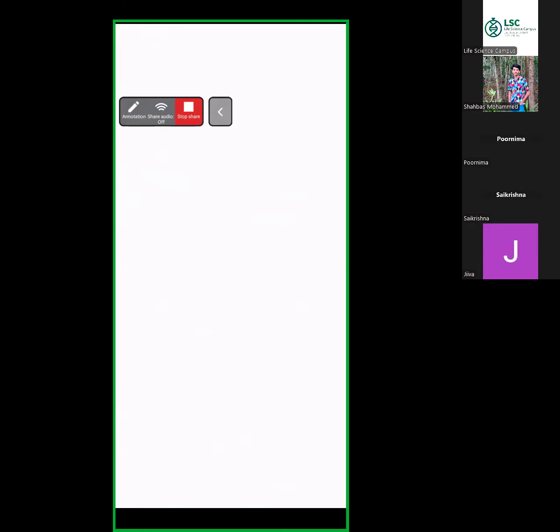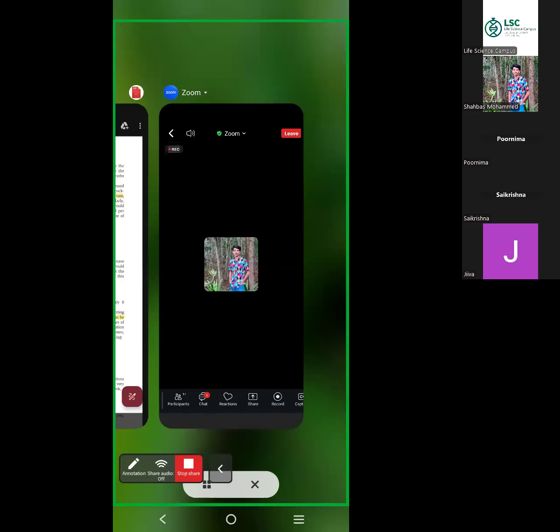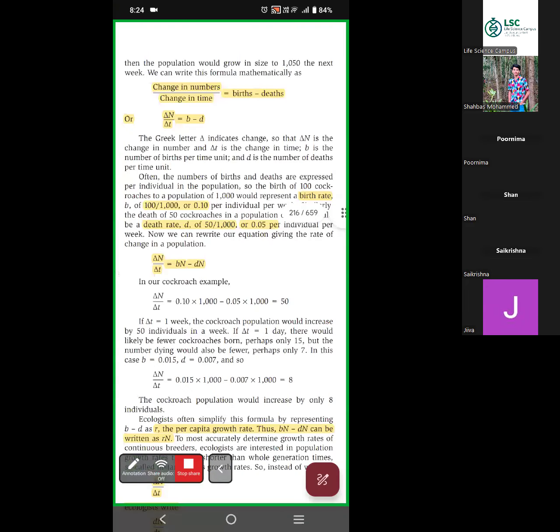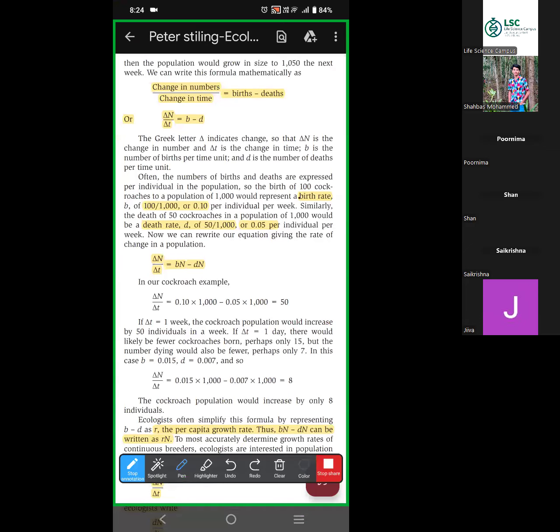There is an example showing birth rate and death rate. Here we have a cockroach population. Initially, there were 1,000 individuals of cockroaches, and there is a birth of 100 cockroaches.